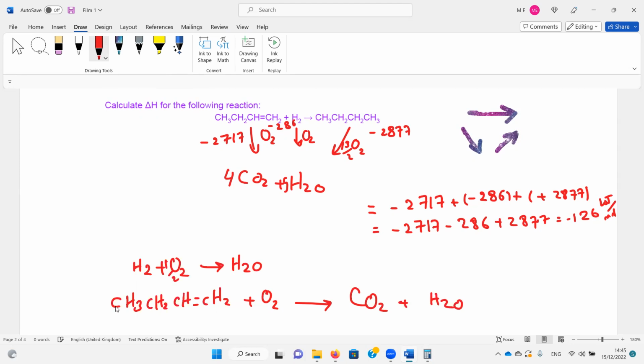So if we count the number of carbons, we have 4 carbons, so add 4 here. If you count the number of hydrogens, that is 1, 2, 3, 5, and 8.